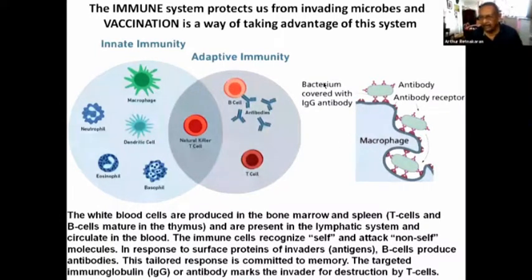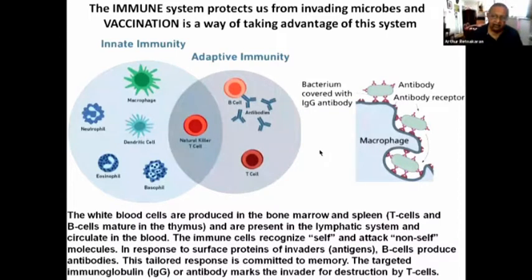I always remember the biblical story of how when the Pharaoh declared that every firstborn should be killed, the Israelites had to put the blood of a lamb on their doorsteps so that the angel of death would miss them. That's exactly what happens. Here, the antibodies mark these invading cells for destruction.